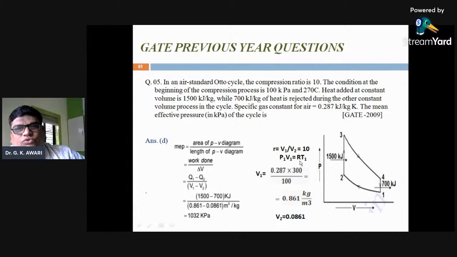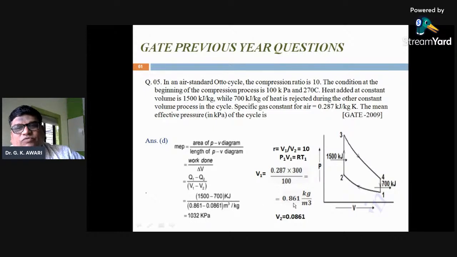P1 V1 is equal to RT1, so V1 is equal to 0.287 into 300 divided by 100, which gives V1 equal to 0.861 meter cube per kg. So the area under the PV diagram, that is Q1 minus Q2, divided by V1 minus V2, is equal to 1500 minus 700 divided by 0.861, which we have calculated, minus 0.0861. It comes out to be 1032 kilopascal.